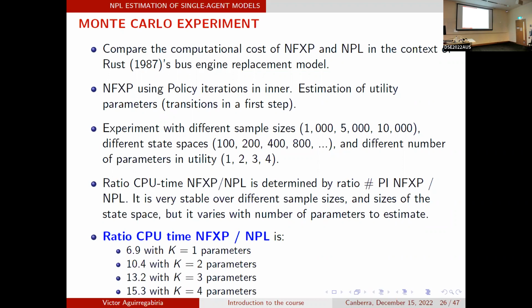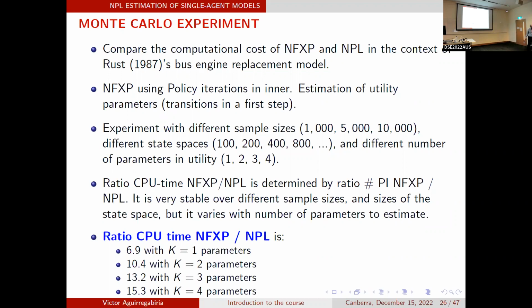We used the data basically as the DGP, using the actual estimates of the parameters from the data, but then the whole exercise used simulated data. Basically, the exercise is to compare the computational cost of nested fixed point and NPL in the context of the estimation of the structural parameters of the bus engine replacement model.